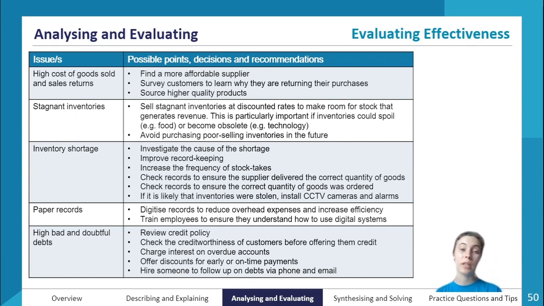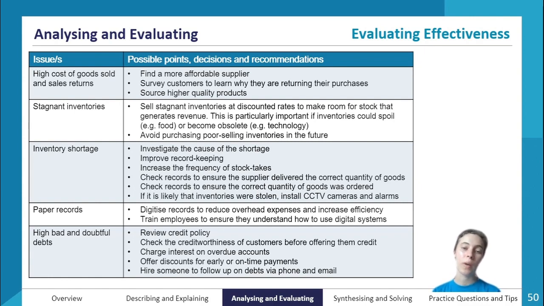So you could be suggesting in the points that you make and the decisions and the recommendations that you give, that they find a more affordable supplier. They could survey customers to learn why customers are returning their purchases, and they could also source higher quality products.